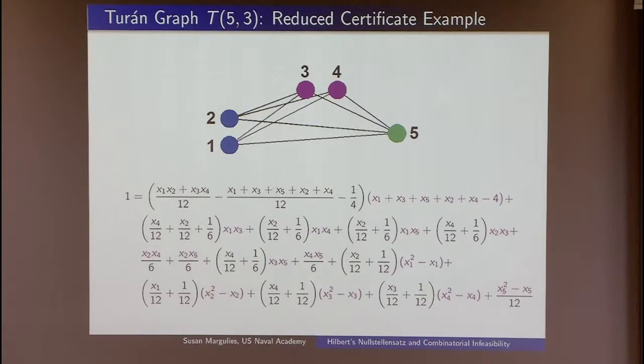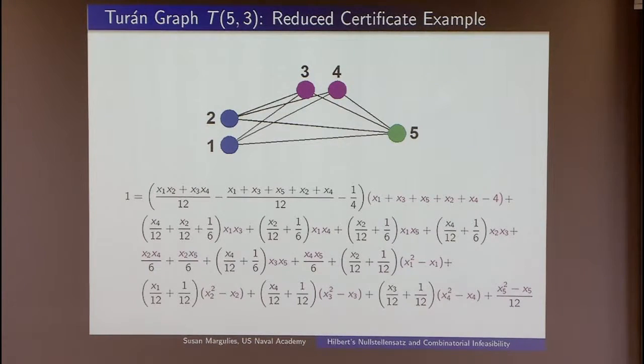What we see over here is that there's one monomial for each of the vertices, one monomial for the single isolated independent sets, and then there's one monomial for 1 and 2 and 3 and 4, indicating that these are indeed independent sets.